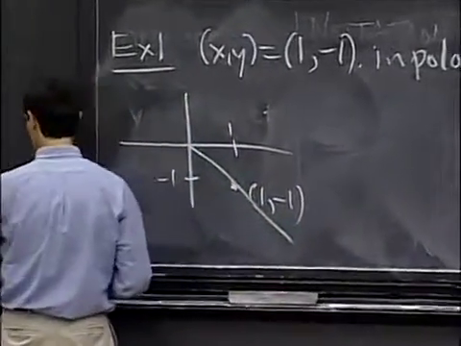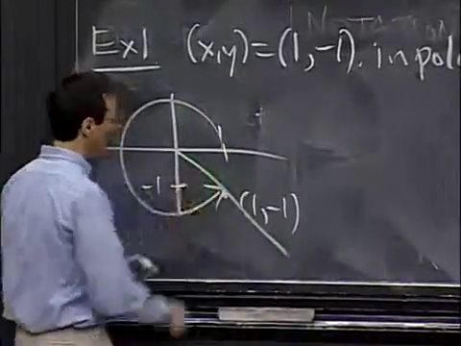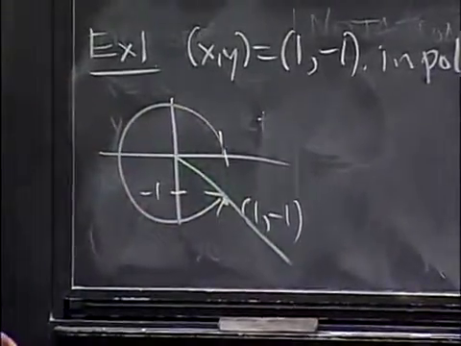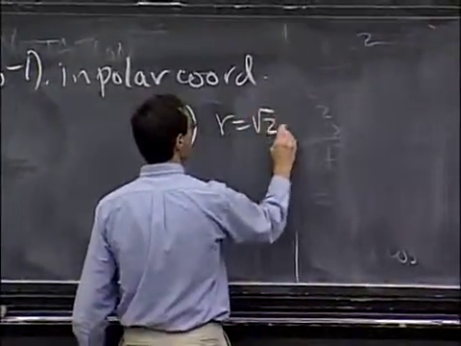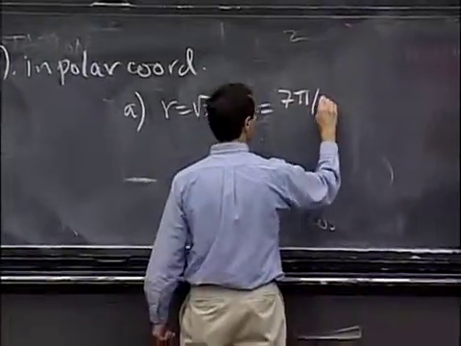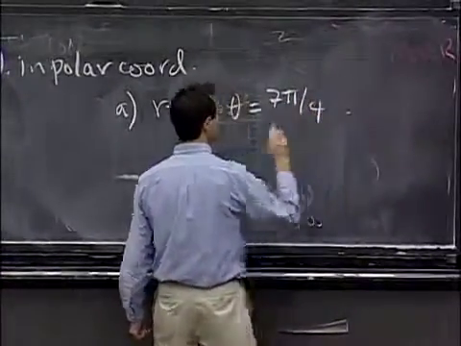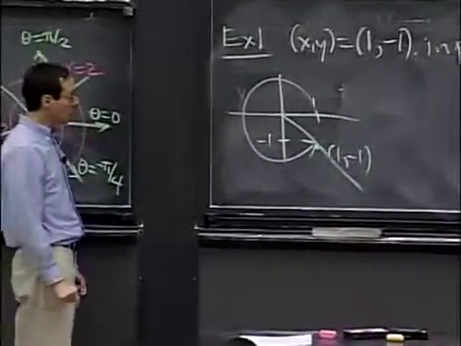I labeled it as minus pi over 4, but another way of looking at it is this angle here. So that would be r equals square root of 2, theta equals 7 pi over 4. All right, so that's one possibility of the angle and the distance.